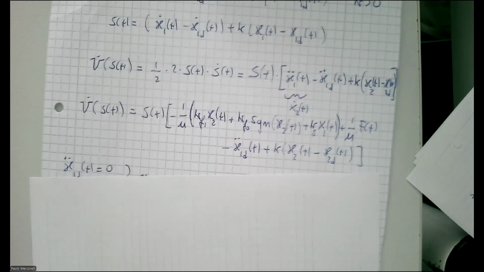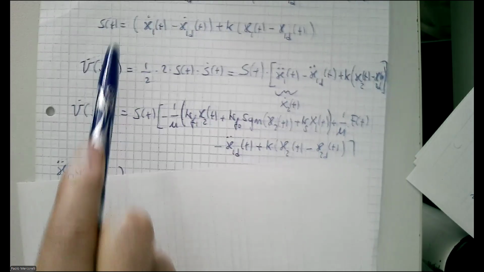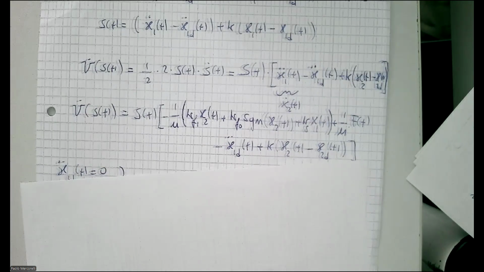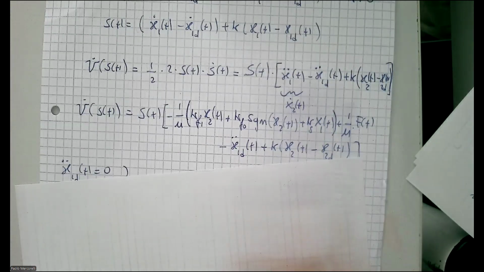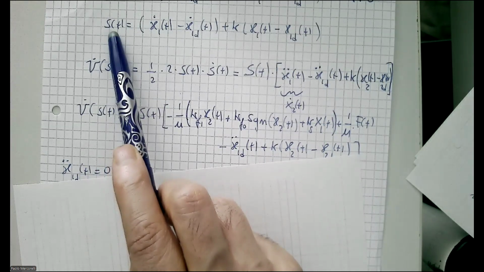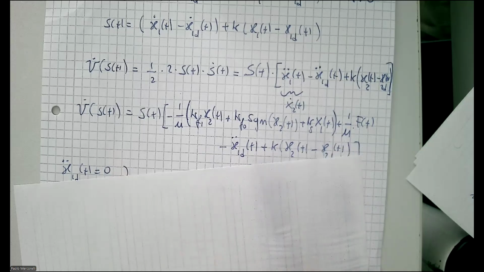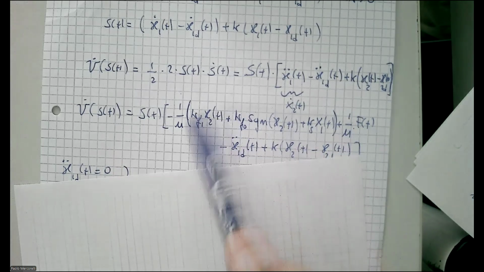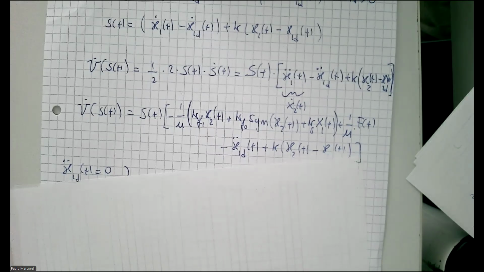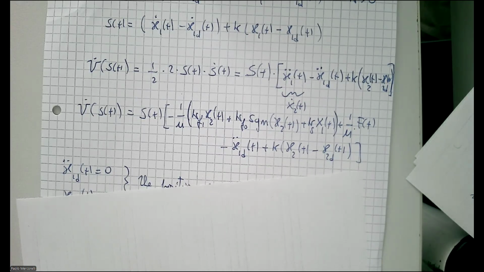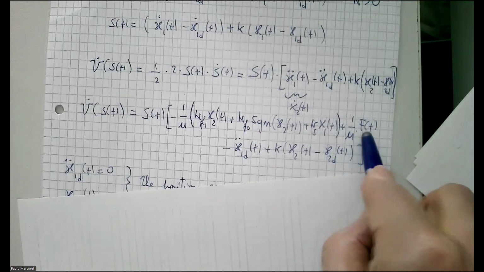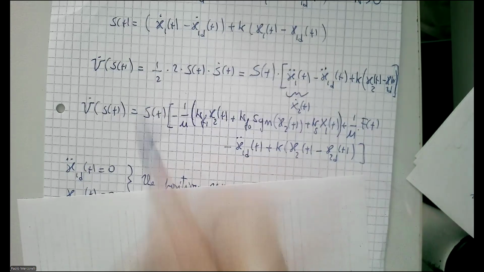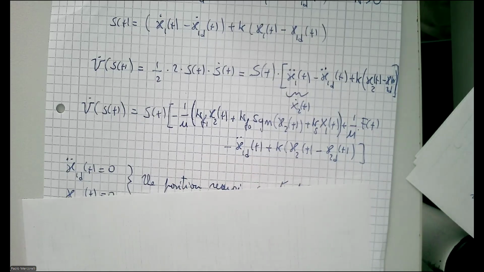Therefore, I need the surface of order 1, because we can see from here that if I take the derivative of s of t, I have f of t inside, which can realize the concept of s dot equals 0. I can choose f of t such that this element is equal to 0. Remember, this is the equivalent part.